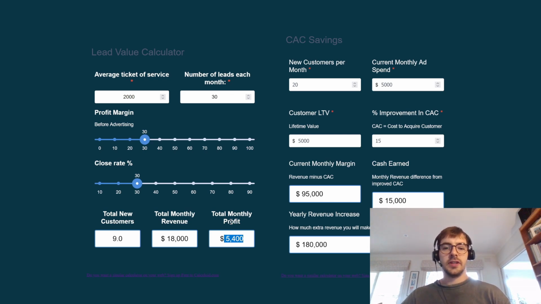So that's $180 of profit per lead. So as long as your lead cost is below $180, then you're going to be profitable. If you're getting $180 of profit per lead, then I'd say anything up to $50 or $60 per lead is a good thing to aim for.